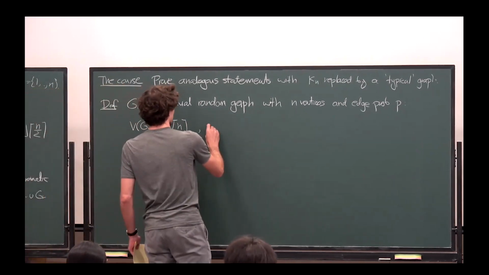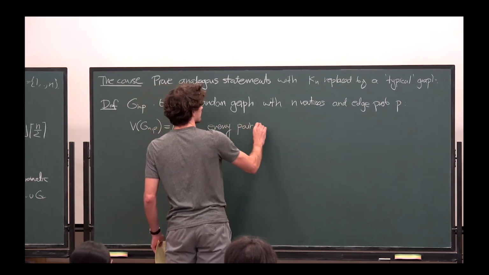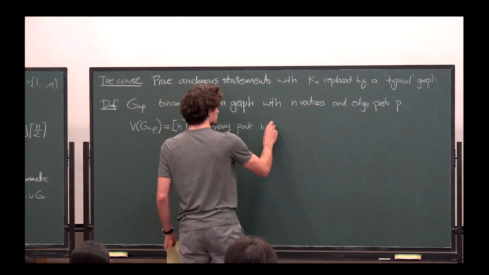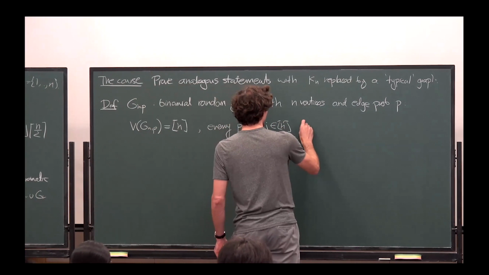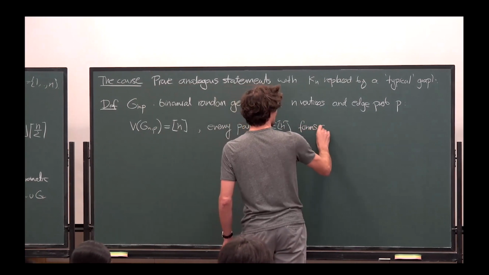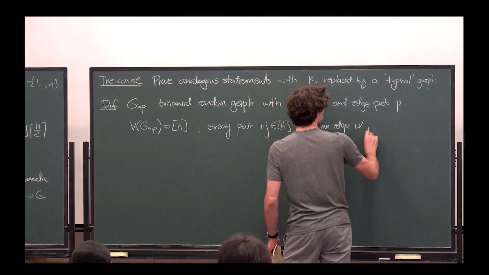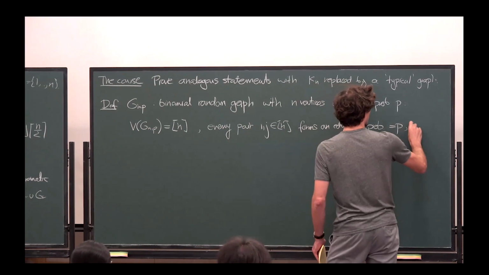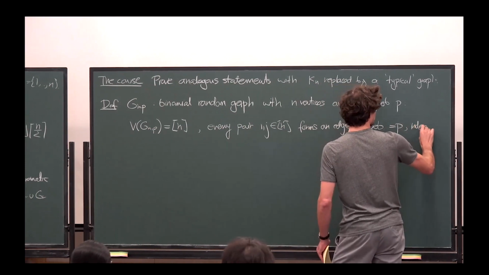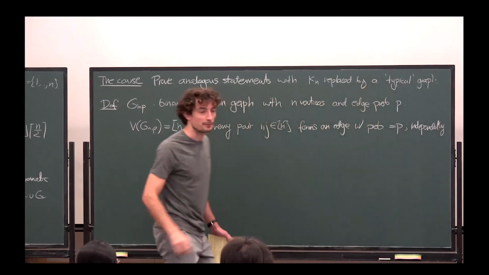And now every pair ij of the vertices forms an edge with probability equal to p independently, meaning independently of all the other pairs.